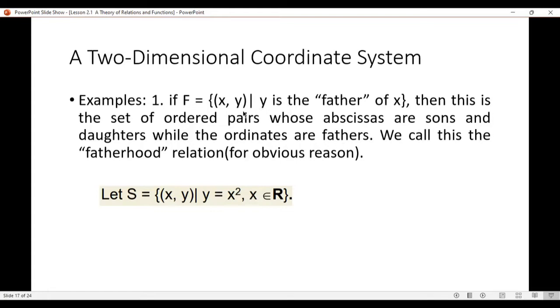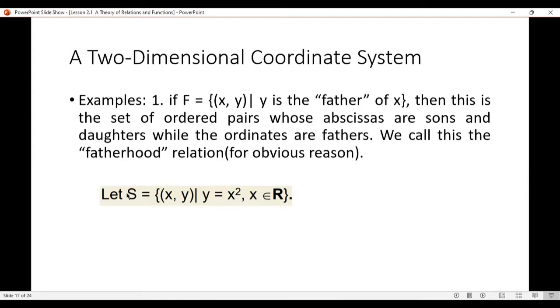Okay, kasi sabi dito sa ating ordered pair or yun sa ating elements, di ba? Y is the father of x. So meaning to say, yung y, yun yung second element. So therefore, it is the father. At kung target natin yung first element ng father, yun naman yung abscissas. So pwedeng sons and daughters. We call this the fatherhood relation.